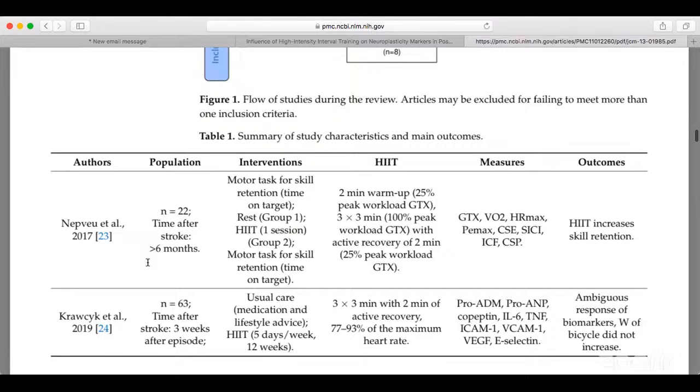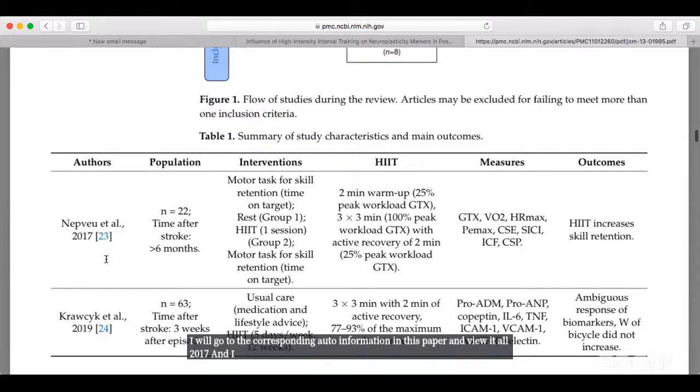I will find someone that can train me. If I can't find anyone close by that can train me, I will go to the corresponding author information in this paper, Nepview et al. 2017, and I will look at their phone number or email address, and I will send them an email.